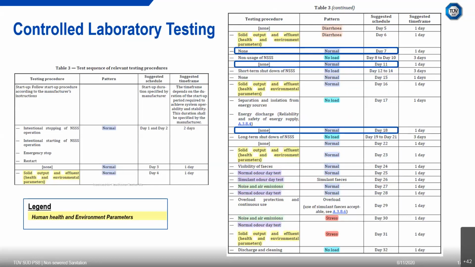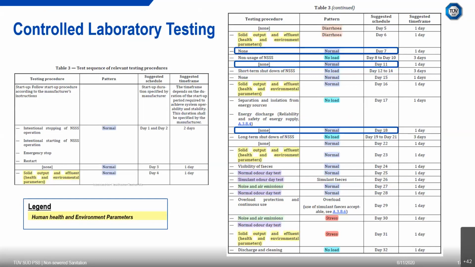These non-usage and shutdowns are included in the test sequence to ensure that the NSS is operable and shall be able to immediately accept input and be capable of returning to normal operating state without causing malfunctions or requiring additional effort and time to resume operation as specified by the manufacturer.